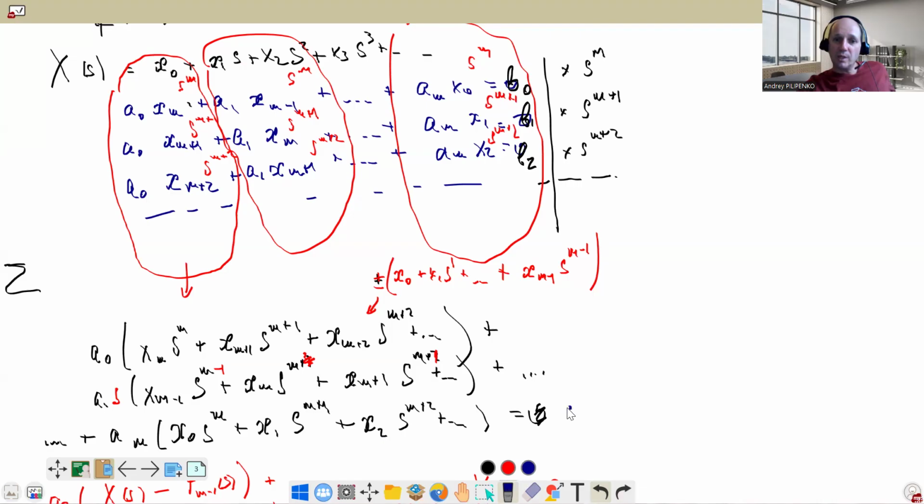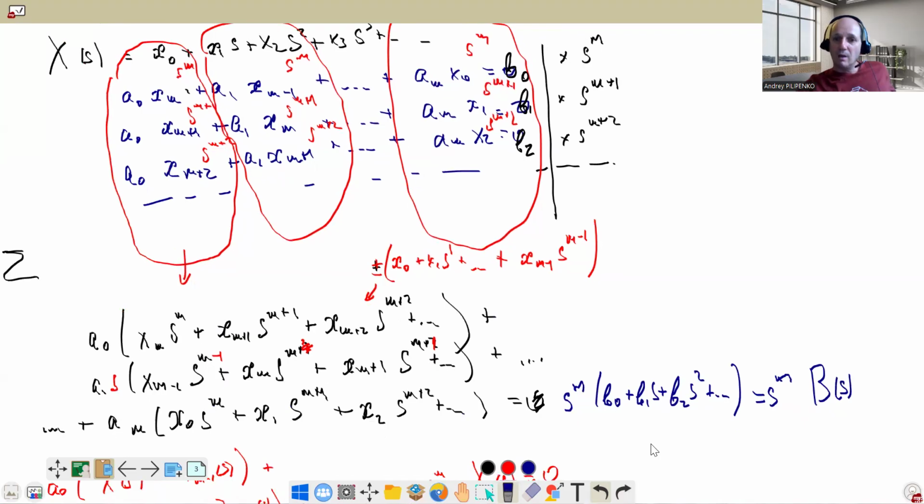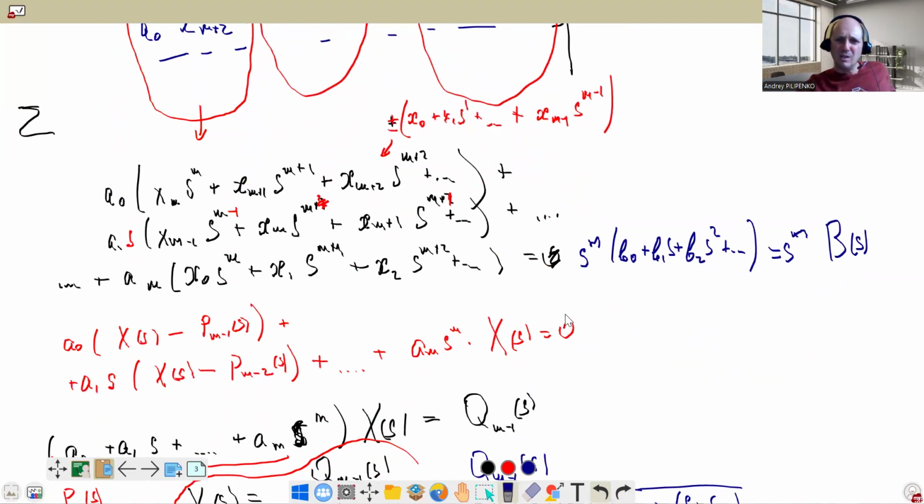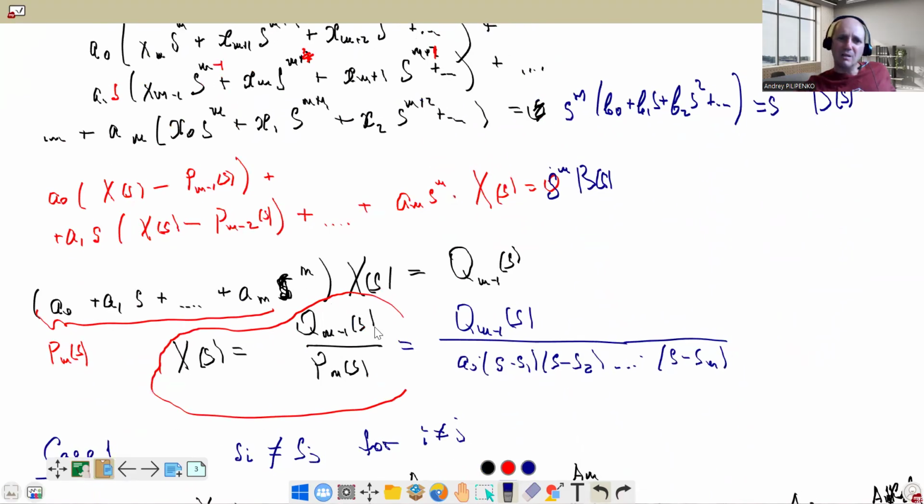So in the right-hand side, you will obtain s to the power m times b0 plus b1 s plus b2 s squared and so on, so s^m times the generating function of the sequence b. And then similar calculations. You move these polynomials to the right-hand side, and the only difference will be plus s^m b(s). And then the question is, okay, find the representation, find the Taylor expansion, and so on and so forth.